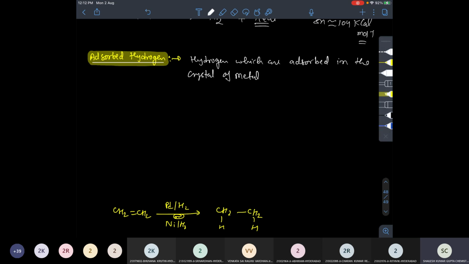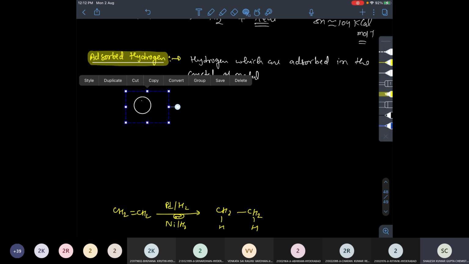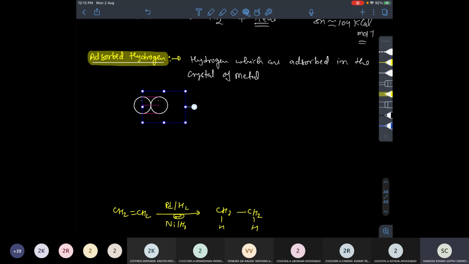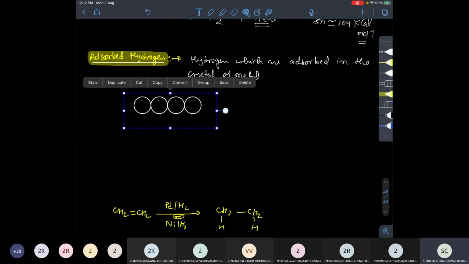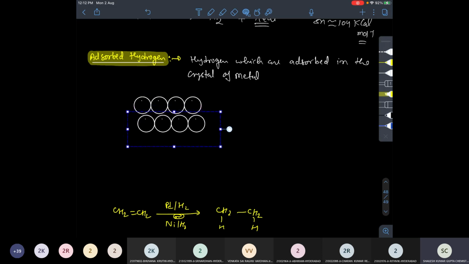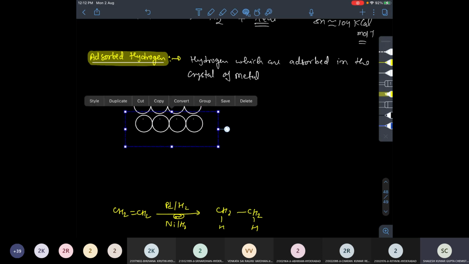So basically, if you are having hydrogen and there is a metal crystal, right? Suppose I'm taking a very simple crystal.